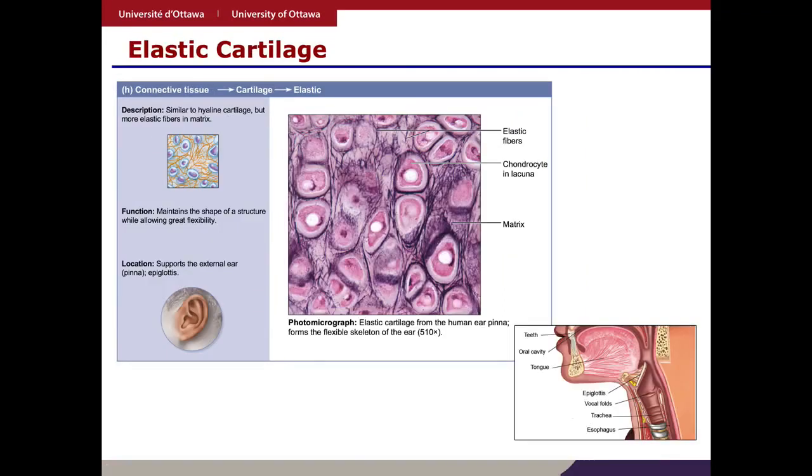Elastic cartilage is similar to hyaline cartilage, but with more elastic fibers, which means it keeps its original shape. It forms the external part of our ears and the epiglottis, which usually prevents you from inhaling liquids or food into your trachea or windpipe.